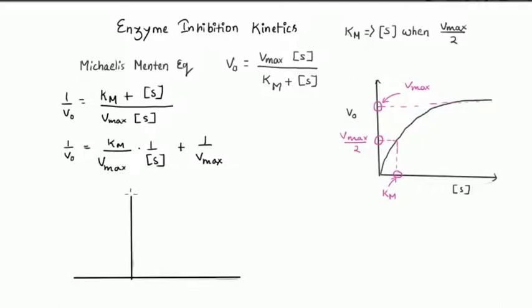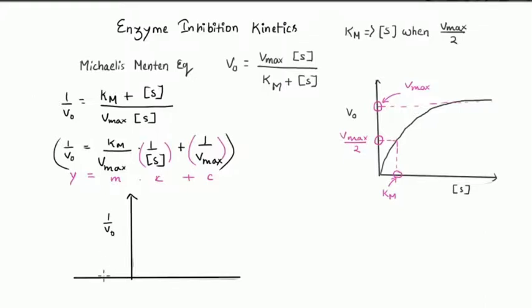The y-axis would have 1 by V naught, because if you notice, this equation is in the form of y equals mx plus c. So this is my y-intercept, this is my x-axis, and this is my slope, Km by Vmax.